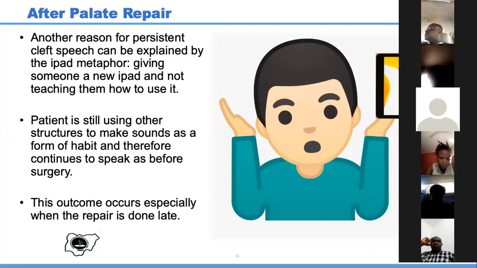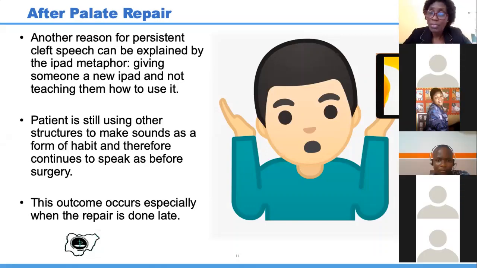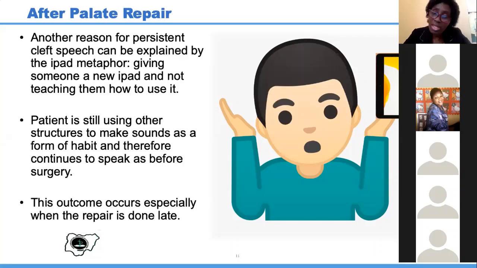The individual needs to be taught how to use the iPad. If not, the iPad will still be useless to such a person. Therefore, giving someone a new palate, they would need to be taught, especially if the repair has been done late, they will need to be taught how to use the palate. So that can be another reason why someone who has had a palatal repair may continue to have a cleft speech.